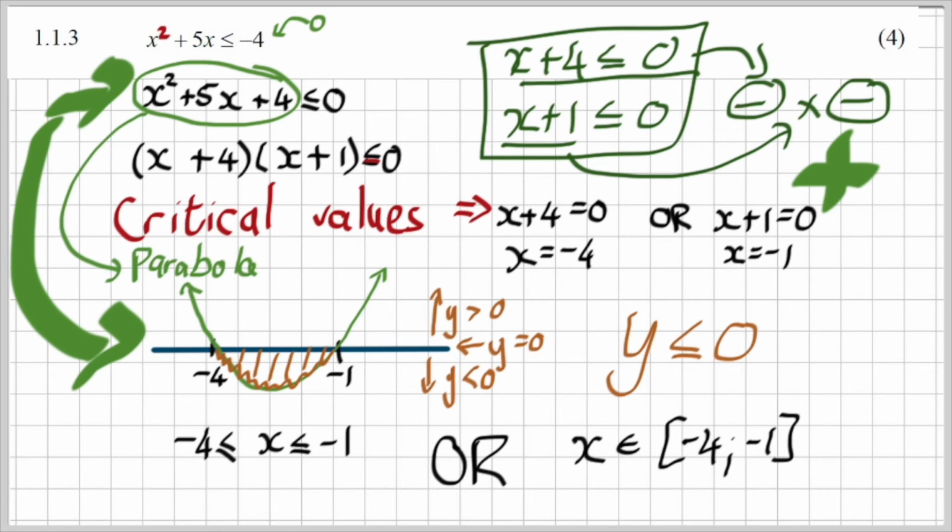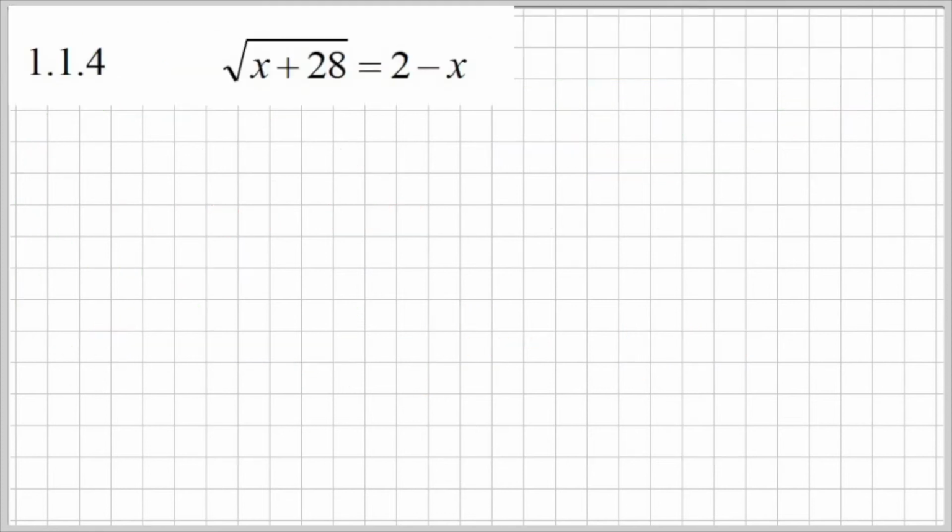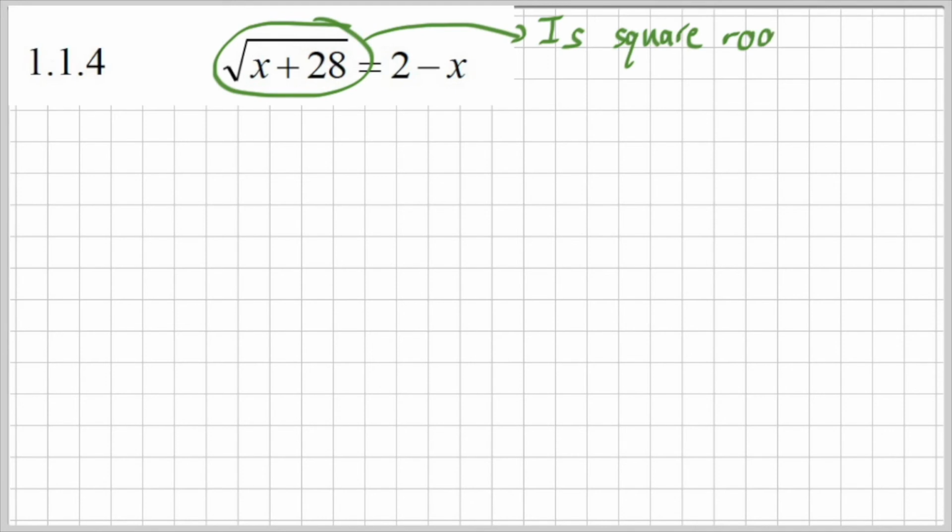Now this next question is a favorite that you will also get in the exam. A square root sum. The first thing you always must ask yourself, what kind of a sum is it? It's a square root. So is the square root alone on one side?